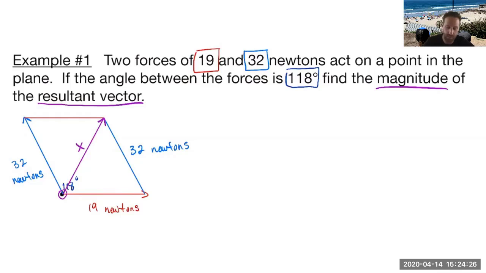So what we're going to have to do is utilize the fact that we just reviewed that because this is 118 degrees here in this angle, how can I find either this adjacent one or this adjacent one? Well, hopefully you remember we talked about it. If I was to extend out this side or this side, we know that this angle and that 118-degree angle would be supplementary.